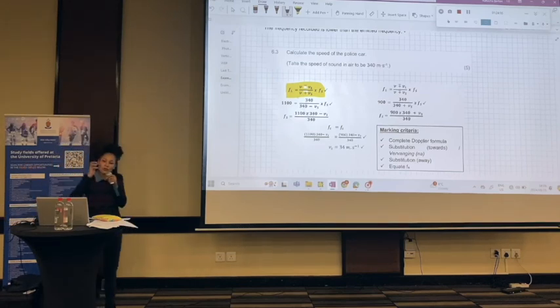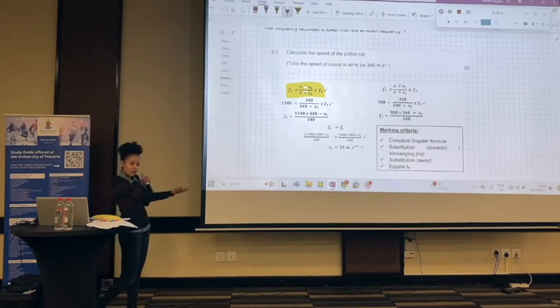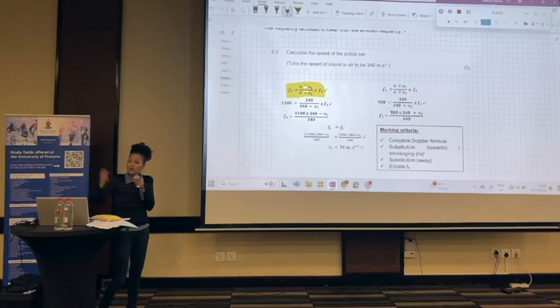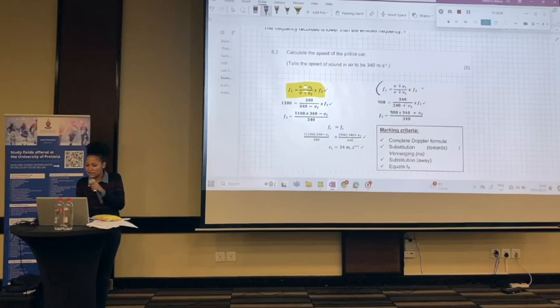When you are done with that, you're welcome to change it ever so slightly. We don't want you to manipulate formulae and make something the subject of the formula before substituting. You always substitute first and then you manipulate. But in this case, if you want to change it to this, do so after you write down the formula exactly as it is on the formula sheet.